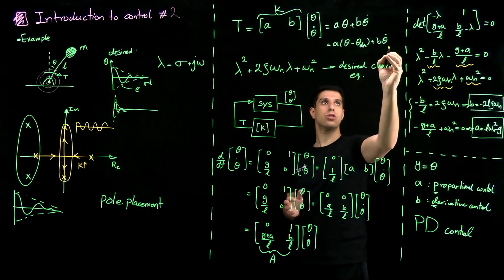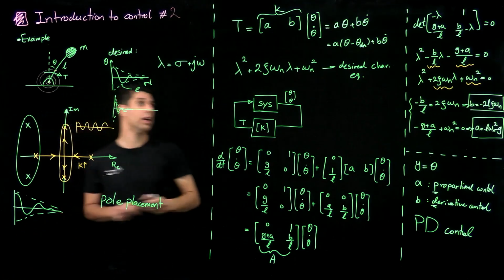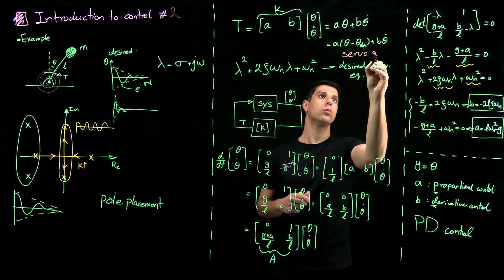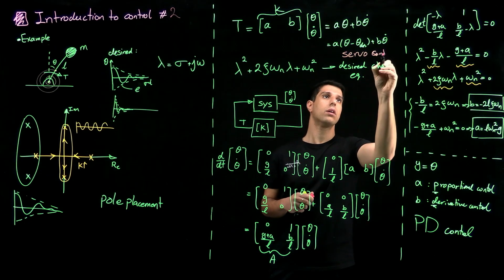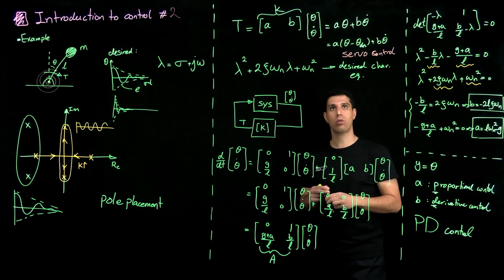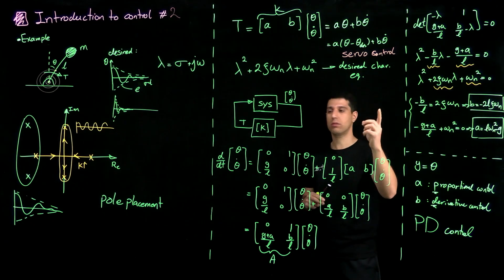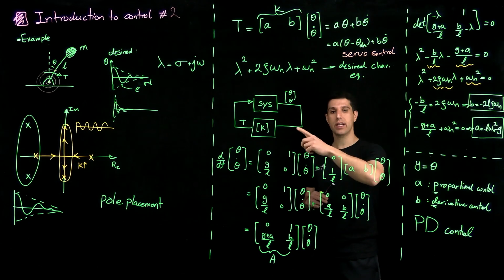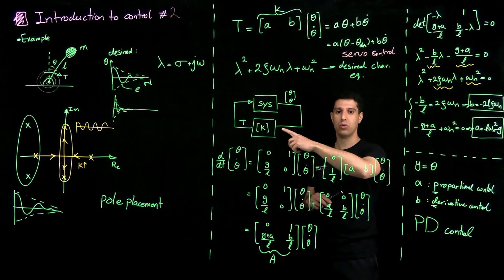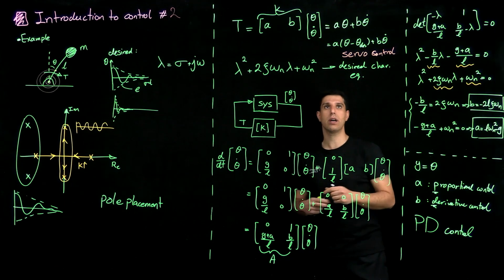And what this controller does, I'm running really out of space, is called a servo control. A servo control that is realized through a PD controller. So I can, in a computer or with any other means, define a set point, like I want my system to go to 82 degrees, and this controller moves the system to that desired position.